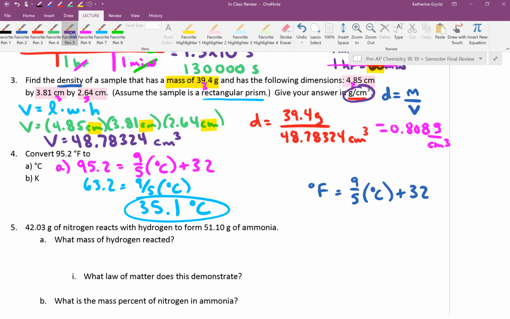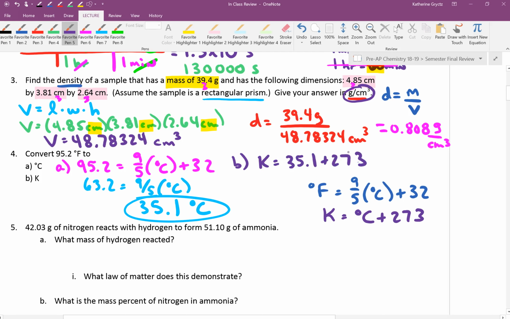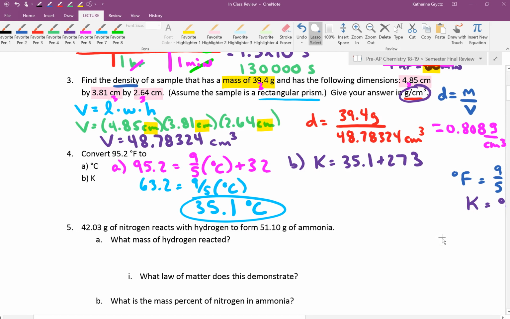And then B says, can you convert this to Kelvin? Well, the Kelvin conversion is degrees Celsius plus 273. So we have our degrees Celsius now. We're just going to add 273 to it. So on B, Kelvin is 35.1 plus 273.